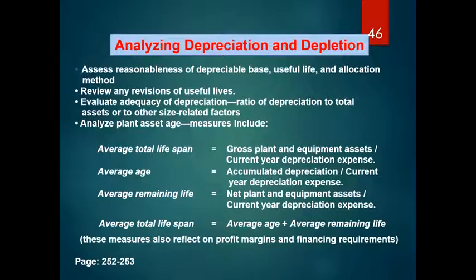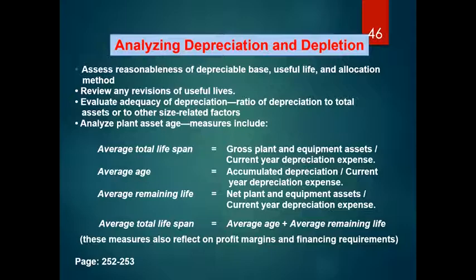So untuk analisis ni, kita ada tiga jenis analisis, iaitu analyzing plant asset and natural resources, analyzing depreciation and depletion, analyzing impairments. But I dah pun masuk dalam slide-slide. Kalau impairment dah masuk dah, analyzing impairment tu sekali.